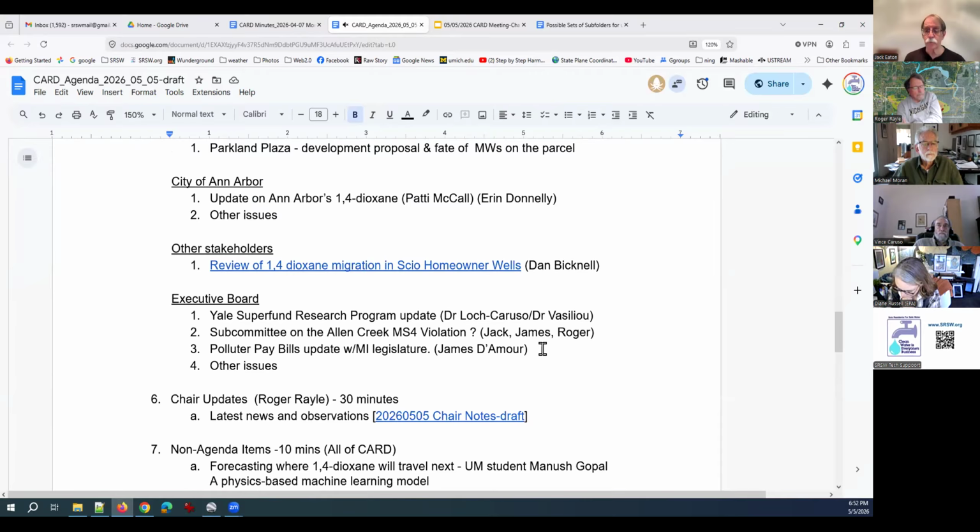Although since we have some people from the EPA on the call, maybe it would be worth me just pointing out that Yale University has a Superfund Research Center with 1,4-dioxane as its current focus. They're putting in, or they may have already put in, their competing renewal application.